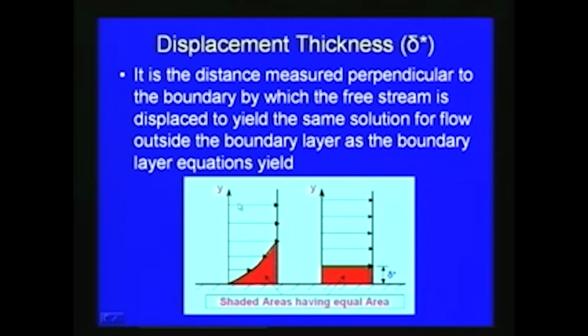Due to the presence of the solid, a free stream velocity is already there, and then the boundary layer is introduced, and there will be a shifting of the flow behavior.